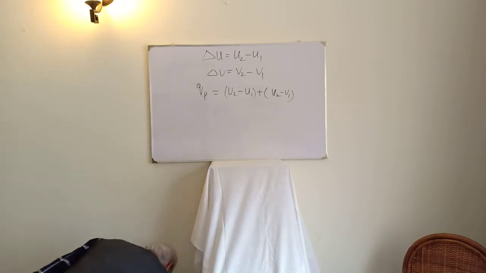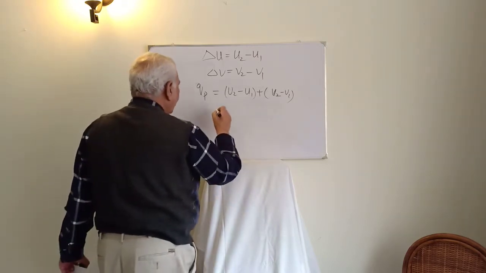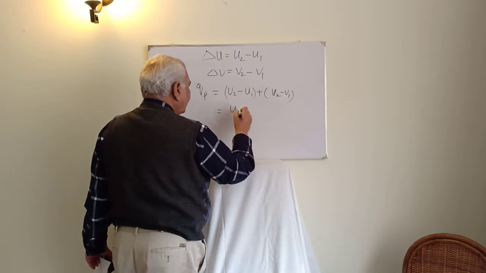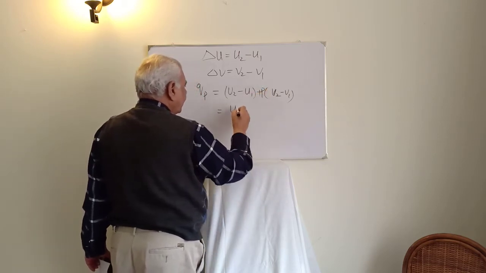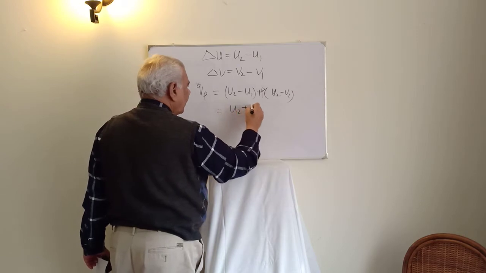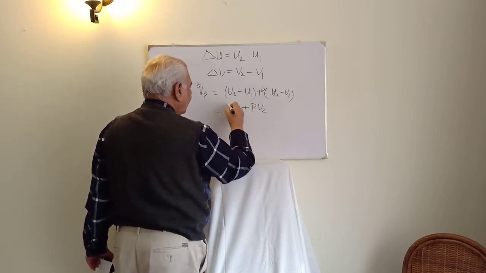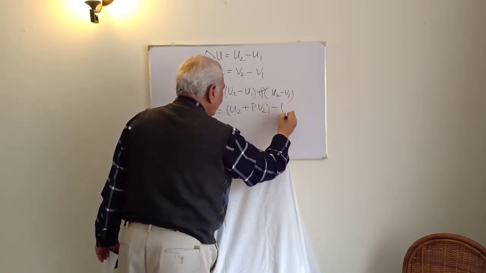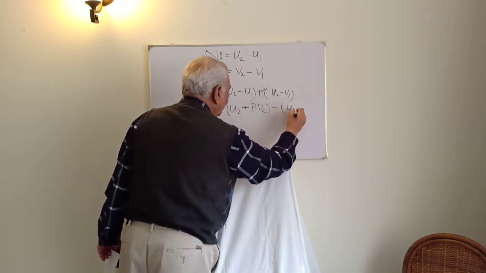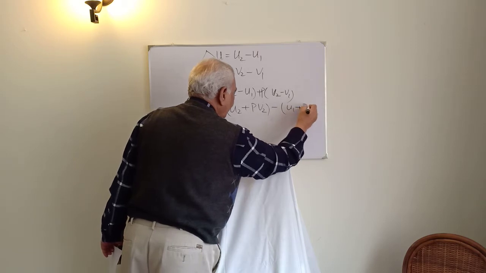Okay, now this could be U2 and this P will be here. U2 plus PV2 minus U1 plus PV1.